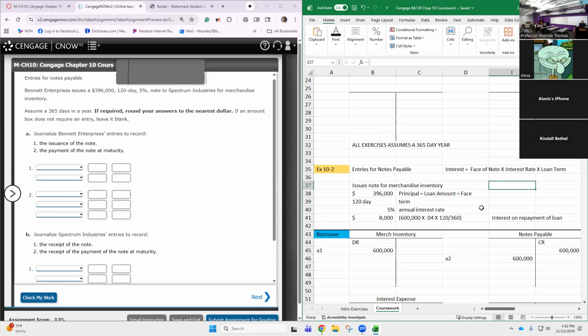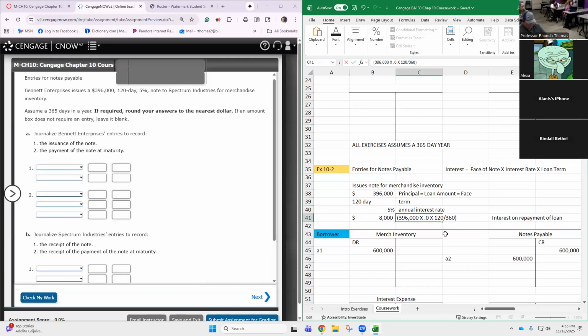So here's how it works. We're gonna put the amount of the loan, so the face of the loan is 396,000 times 5% times 120 divided by 365. So just last semester, we were doing it different, but now we're doing it this way.